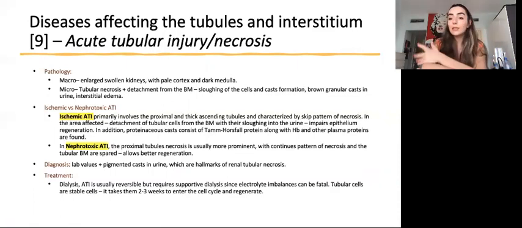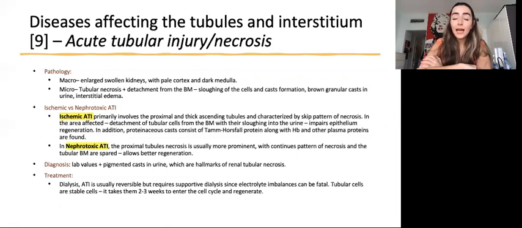Now, between ischemic and nephrotoxic acute tubular injury, in ischemic, it mostly involves the proximal and the thick ascending tubules, and it is characterized by a skip pattern of necrosis. So one part is necrotic, one part isn't, one part is, one part isn't.